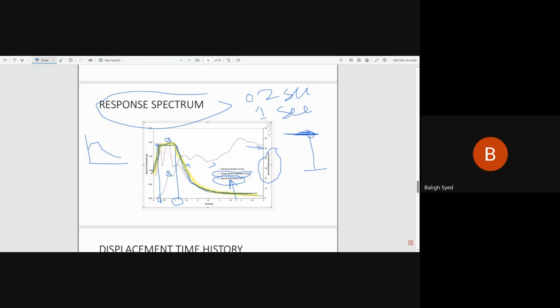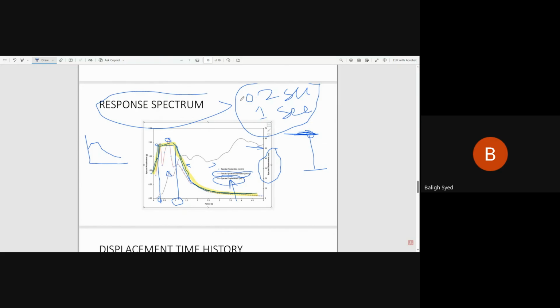So these two points let the code control both force and drift behavior. Make sense? And why 0.2 and 1 again? Because with all those iterations, observations, and experiments, the research is continuous, right? They found out that they are not capturing the 100% response of any general structure. With 0.2 second and 1 second, 90% of the structures on this planet always fall between these two control points.